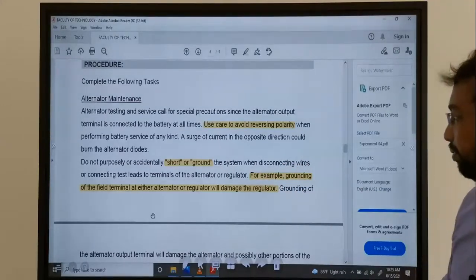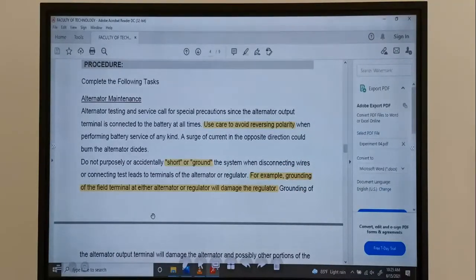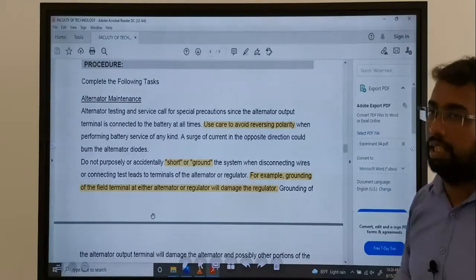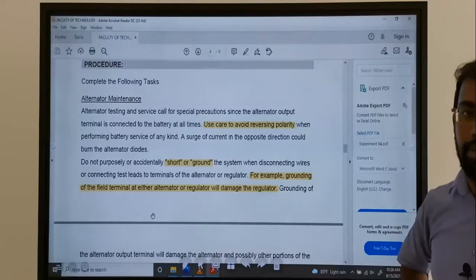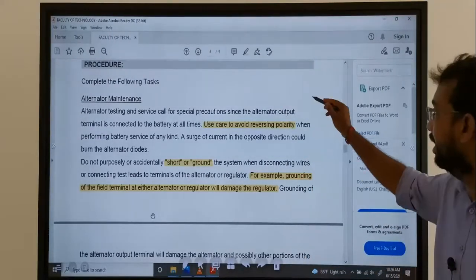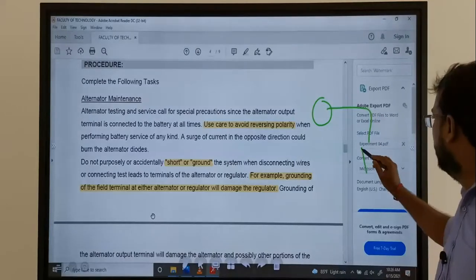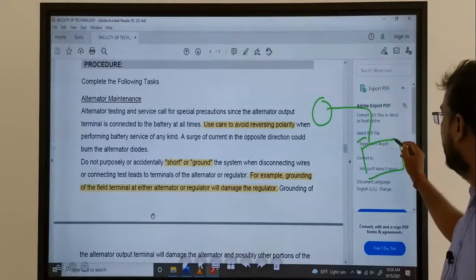For example, if we change any terminal, that damages the regulator or alternator. Sometimes we may connect the battery terminals differently, so the alternator charging output is connected to the minus point of the battery.